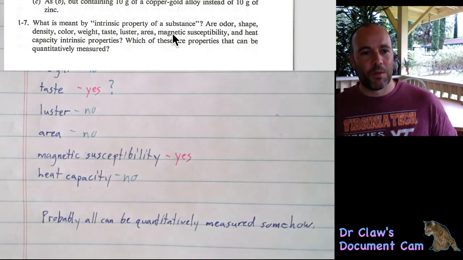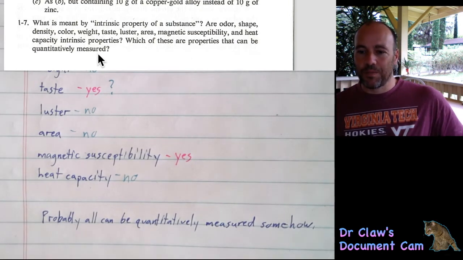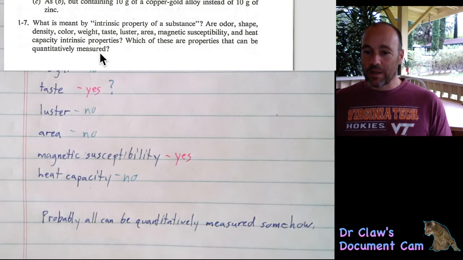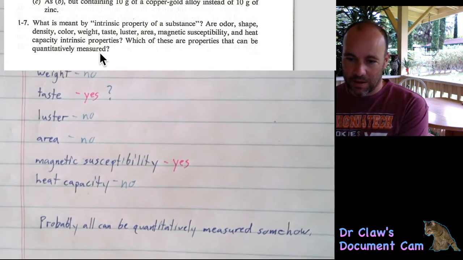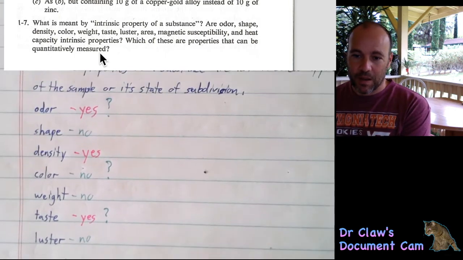Now, the last part of this problem asks which of these properties can be quantitatively measured. I think if you're creative enough, you could probably quantify all of them. Okay, probably all of them somehow.